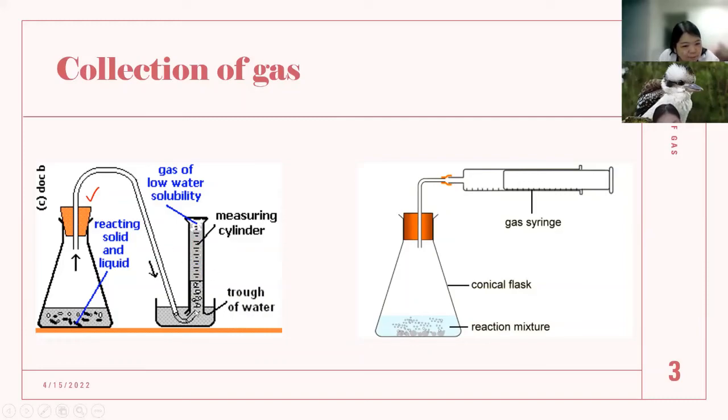Then you have water. And you have to include the capacity of the measuring apparatus that you're using. In this case, measuring cylinder, if you're using 100 cm³, then you write 100. If you know that the gas that is going to form is more than 100, then you probably have to suggest 250. The sizes of these glassware, these apparatus in the lab, are quite standard.